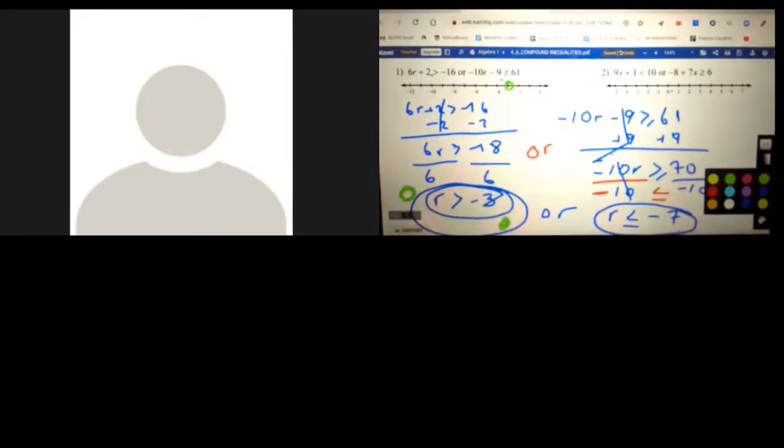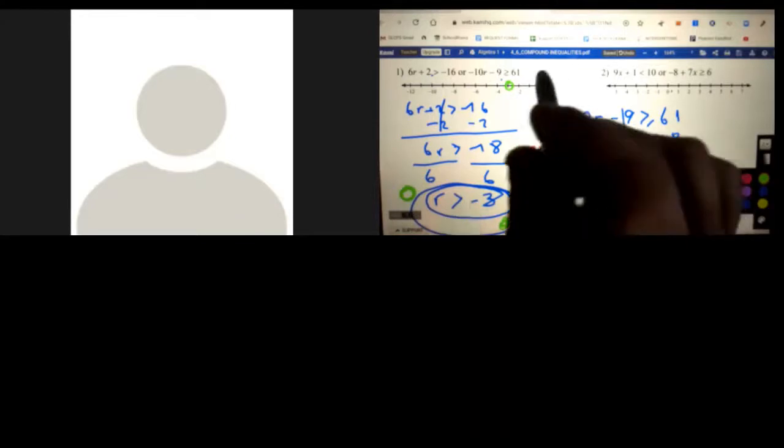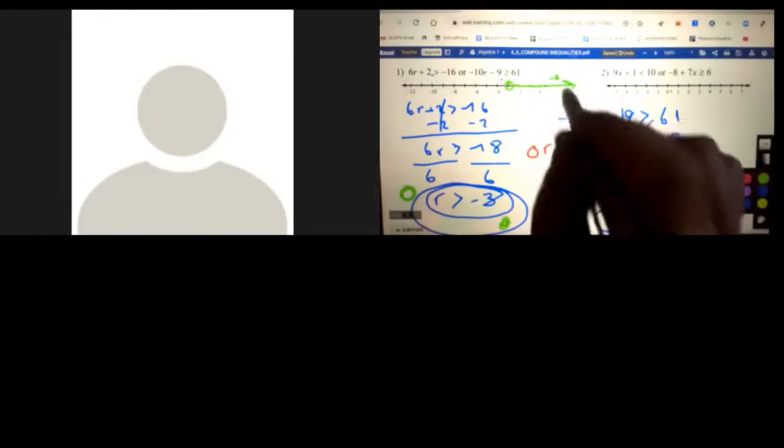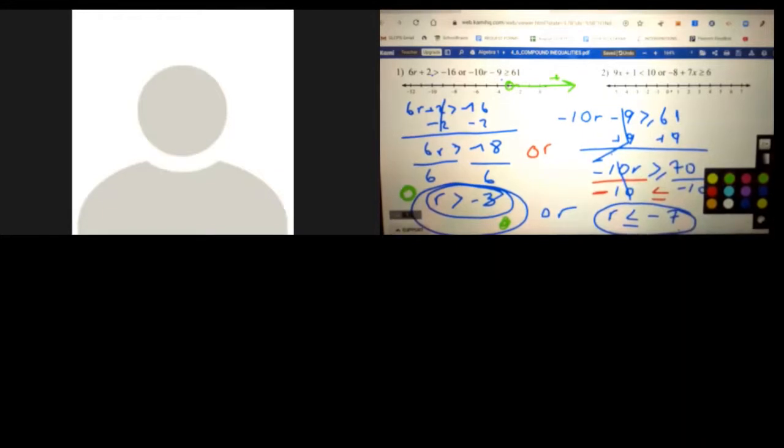So make an open circle right at your -3 point, and it says every number greater than is this side. This is positive, right? So this is one part of the graph. The next one is, let's do that with this purple. r less than or equal to.